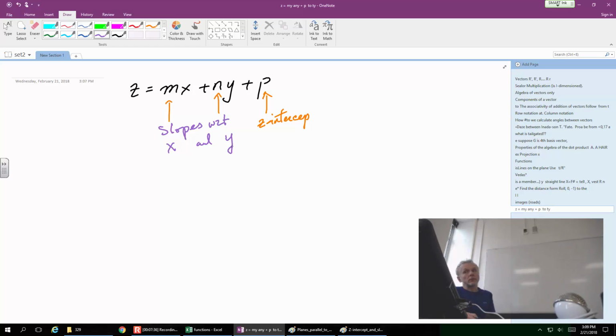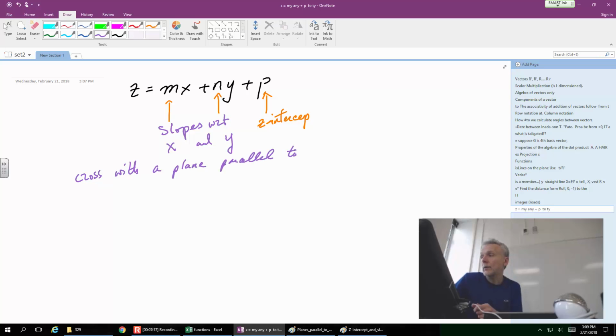So to get the slope with respect to x, you cross with a plane parallel to the y... not the x-axis. Well, the x-axis is an axis, so we cannot really speak of planes parallel to the x-axis in that sense, but rather what is it parallel to?